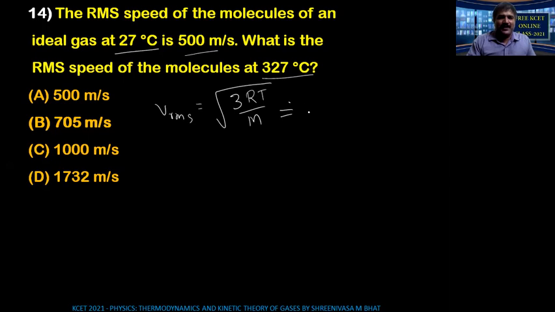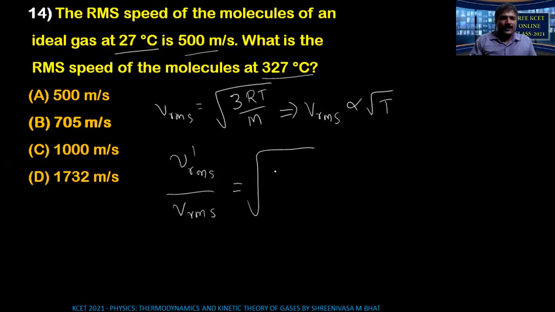So which implies VRMS is proportional to root T. Now we want the RMS speed in the second case at a temperature 327. So I write VRMS dash upon VRMS equal to root of T dash by T. T dash, don't substitute 327 as it is. 327 is how much Kelvin? This is the T dash value.